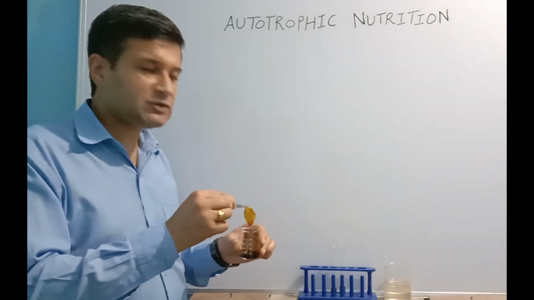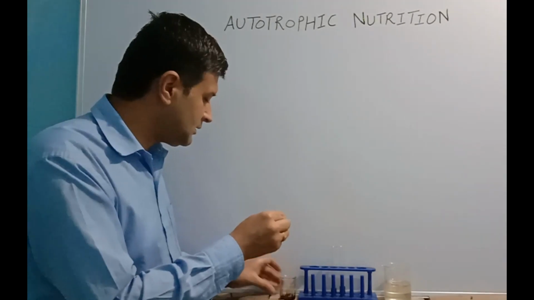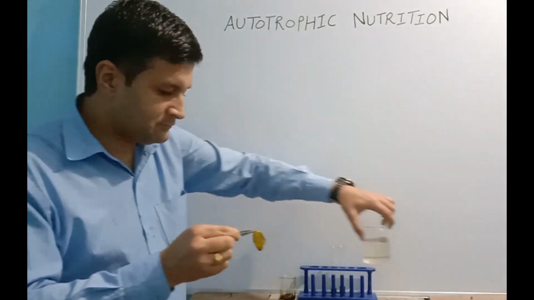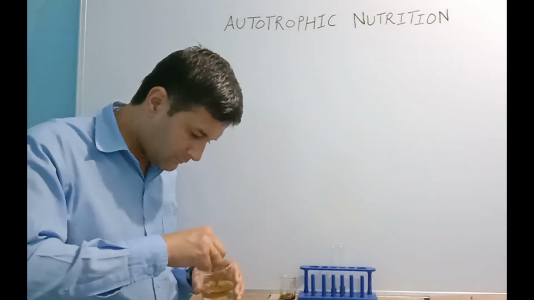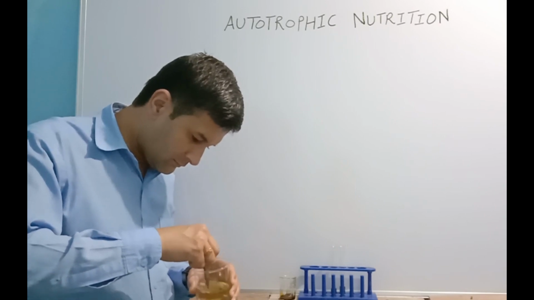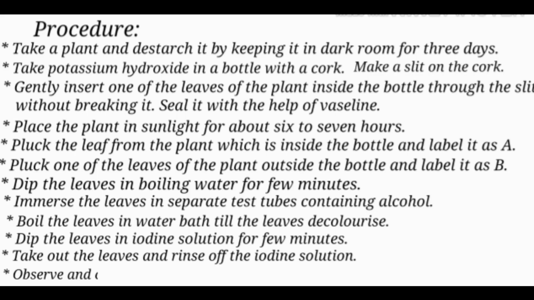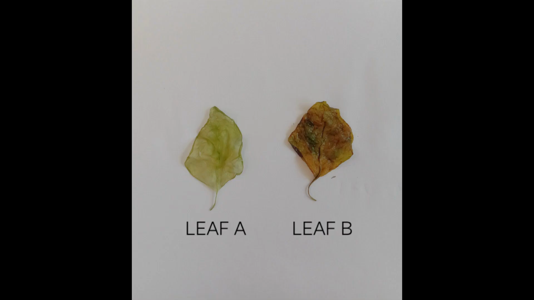Now I am going to rinse off the excess iodine present on the leaf. Observe and compare the change in the color of both the leaves. Here we see that leaf A has no change in color, whereas our leaf B has turned bluish black.